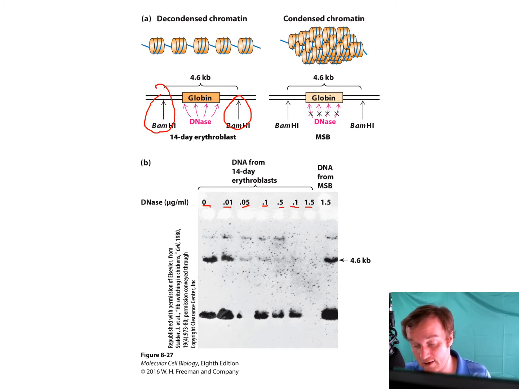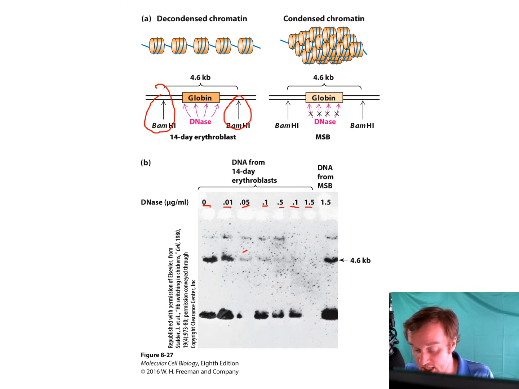So Southern blot analysis to look at the DNA from this extracted nuclear DNA was labeled and run on a gel. And so the transcriptionally active DNA from the erythroblasts was digested by DNase I in the nucleus, as indicated by the absence of the fragment.